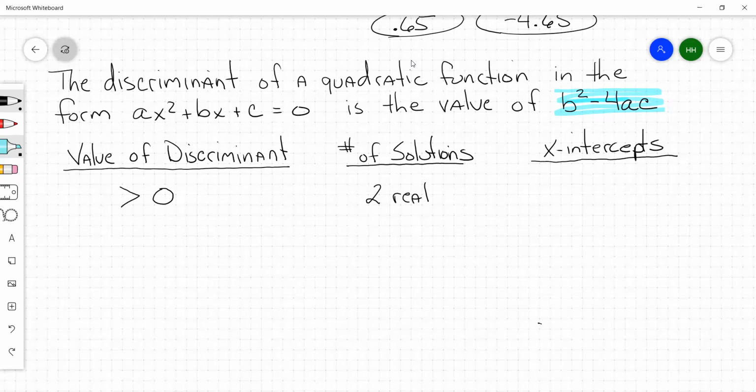So you're going to have a potential graph that has two x-intercepts. You could have a graph that looks like this. All right, so here's your two x-intercepts. If the discriminant is greater than 0, you could also have a graph that looks like this. It could open down, still going to hit the x-axis in two places.